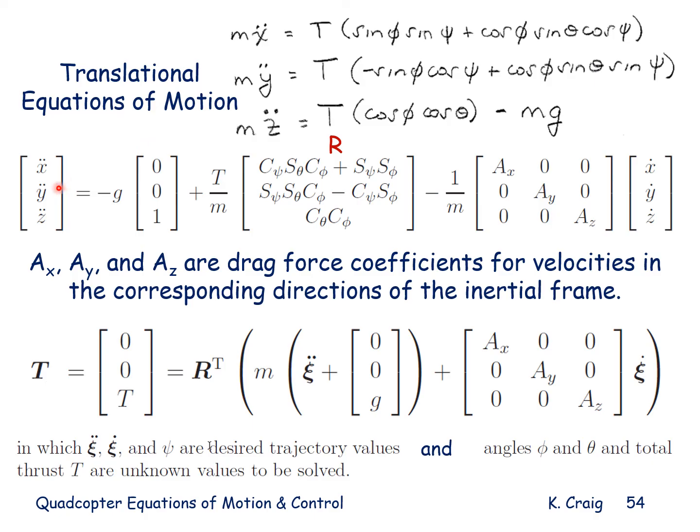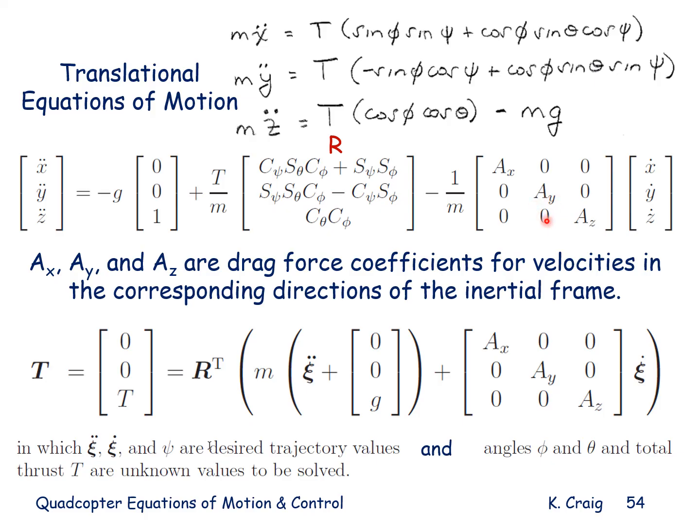Here we have a 3 by 1 column vector of the linear accelerations, and this equals minus g times this column vector, plus the thrust divided by m times this 3 by 1 column vector, minus 1 over m times the 3 by 3 diagonal matrix with drag force coefficients a sub x, a sub y, a sub z along the diagonal.